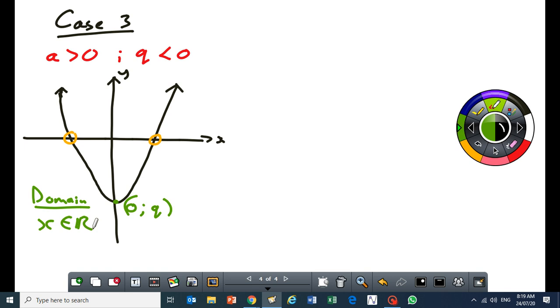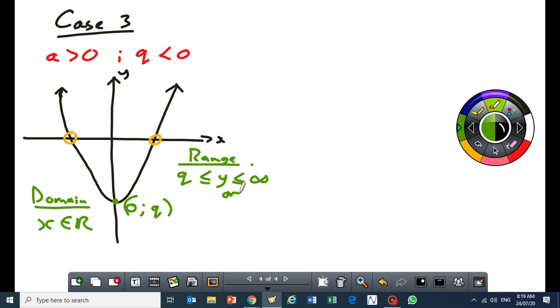Then the range, let me write it here. Here, that's where we have the minimum value of y, which is equal to q. Q is here, the value of y is q. So we'll say q is less than or equal to y is less than or equal to positive infinity.